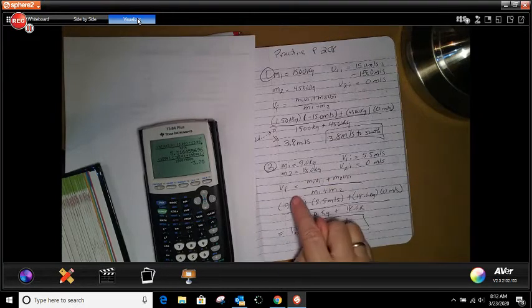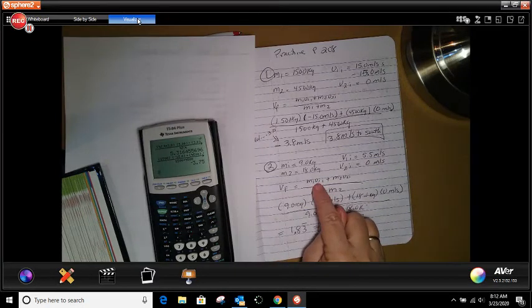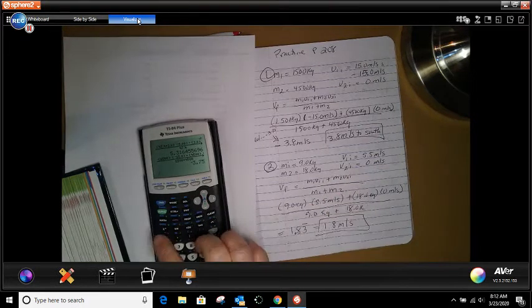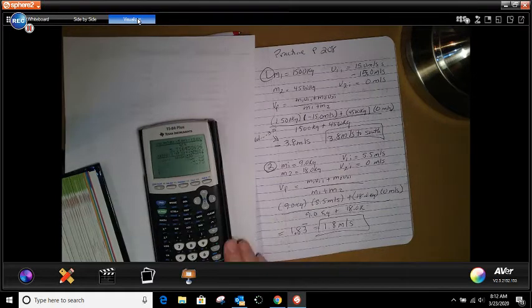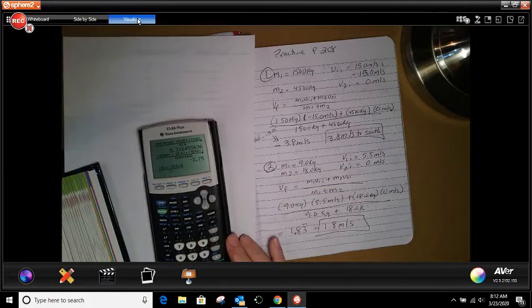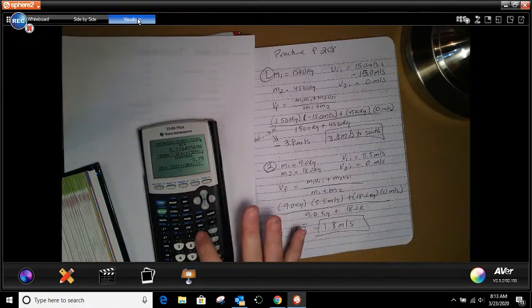On this one, we're also going to do velocity final: mass 1, velocity 1 initial, plus mass 2, velocity 2 initial, divided by mass 1 plus mass 2. So here we go again. Alpha y enter. Open bracket 9.0 close bracket, open bracket 5.5, and then we add an open bracket 18.0 close bracket, open bracket 0 close bracket.